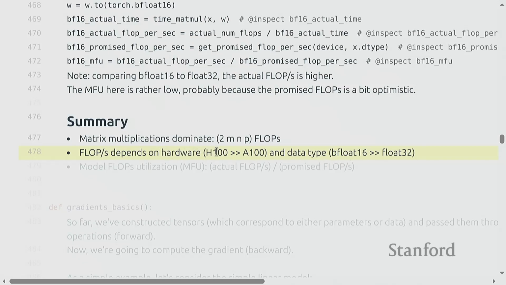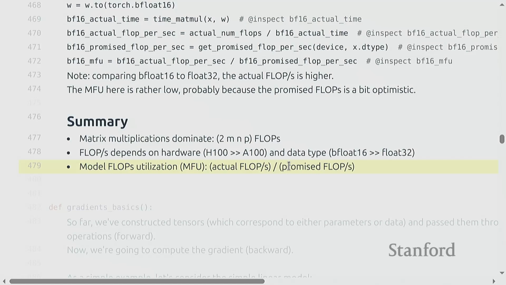So the fancier the hardware you have, the higher it is. The smaller the data type, usually the faster it is. And MFU is a useful notion to look at how well you're essentially squeezing your hardware.